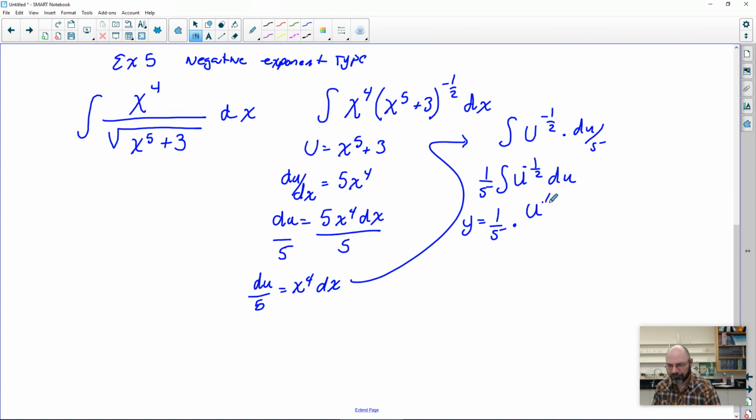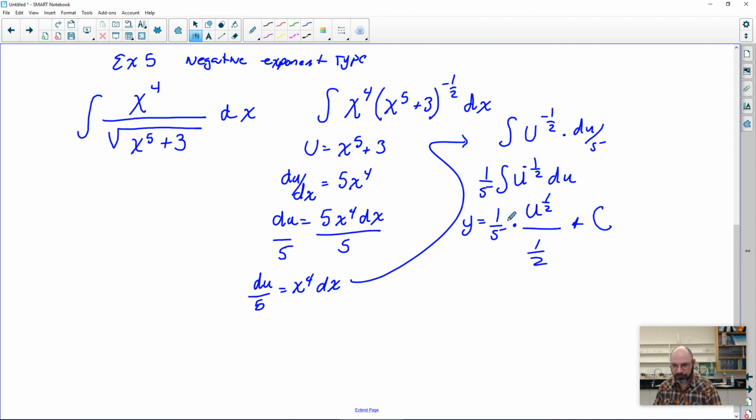So u to the 1/2, and then we have to put the 1/2 on the bottom, plus c. If we do this part first, this would be like multiplying by 2 over 1.